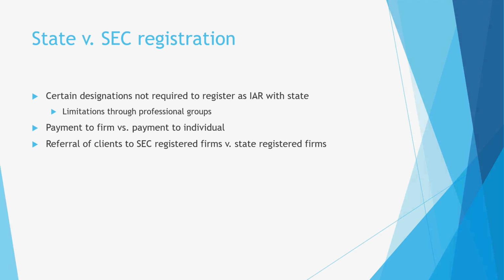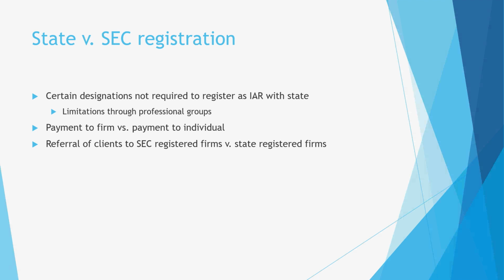Other states, if you don't necessarily have a CFP, CFA, or other designation that's exempted from the exam rule, some states don't even require solicitors to pass an examination if they are merely soliciting and are not giving investment advice.